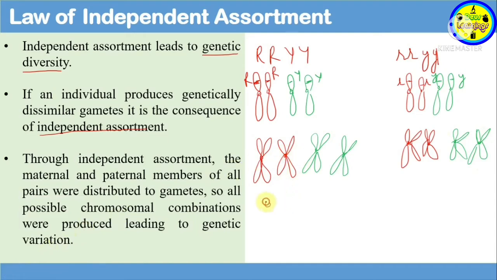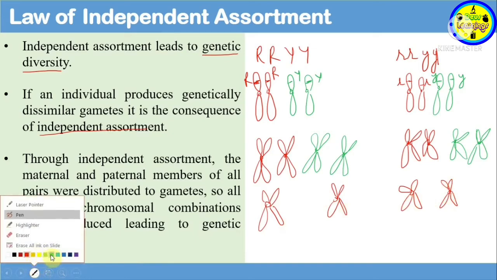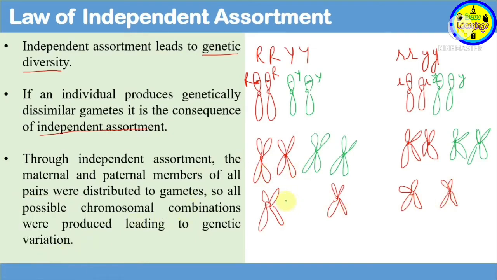At meiosis 1, the homologous chromosomes get separated. Right? Hope you remember. And in meiosis 2, sister chromatids get separated. Isn't it?